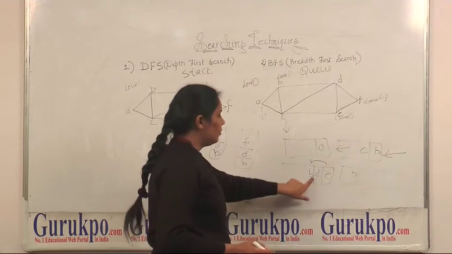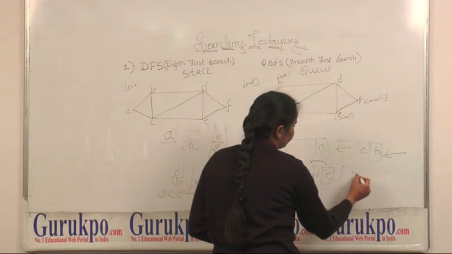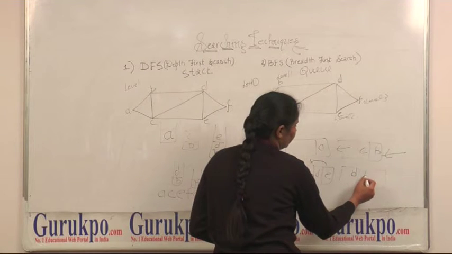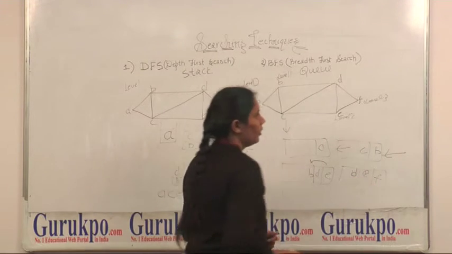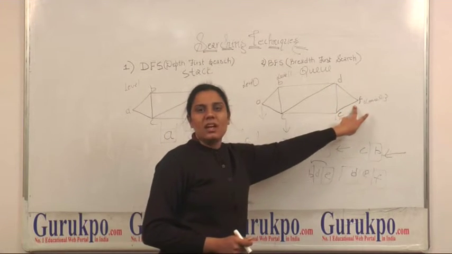Now it's the turn of D. What are its connecting nodes? D's connecting node is F.